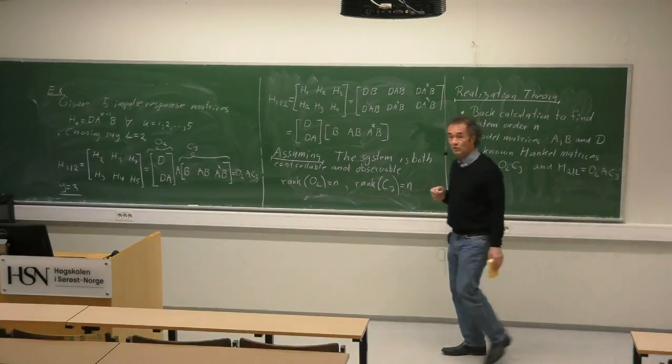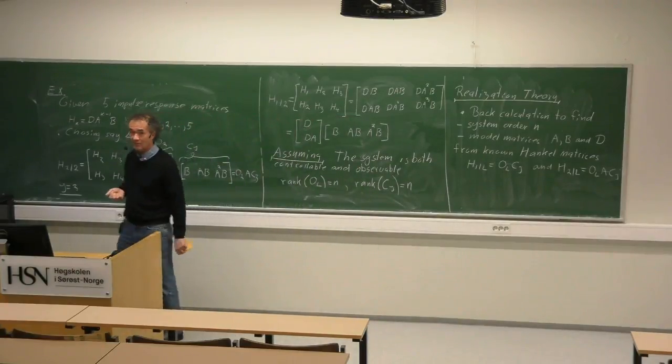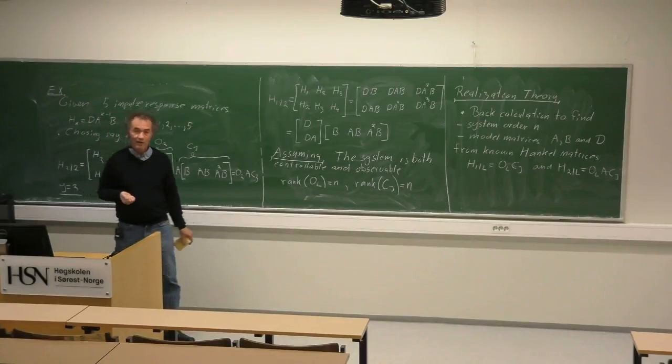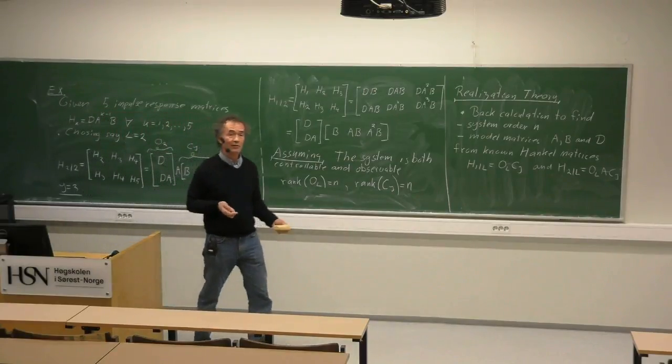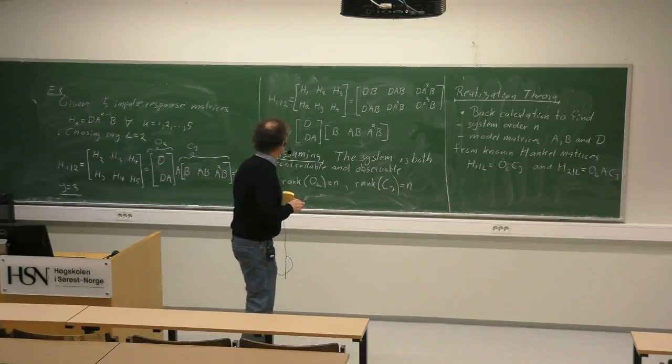This problem was solved as late as in the end of the 1950s in an algorithm published by Ho and Kalman. As I remember, it was back in 1959 or so.